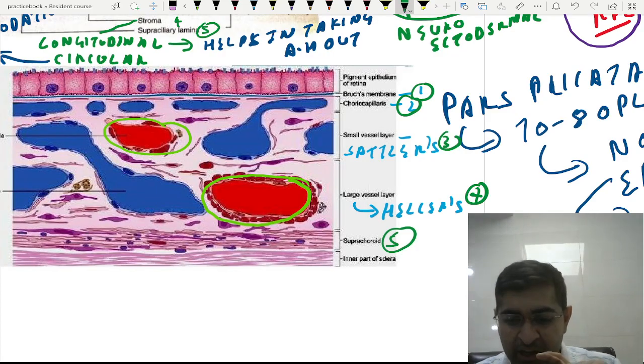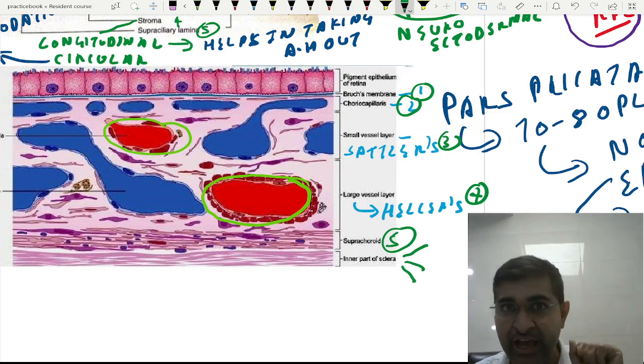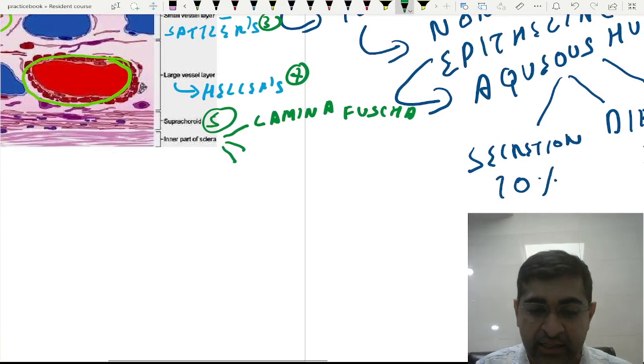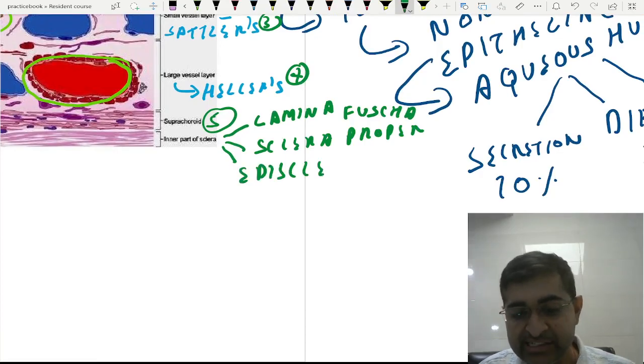Then lies the sclera. If I want to step up a little bit, there are 3 layers of the sclera. Let's do it here only. Lamina fusca is the innermost layer, then sclera proper, and the outermost layer is episclera.